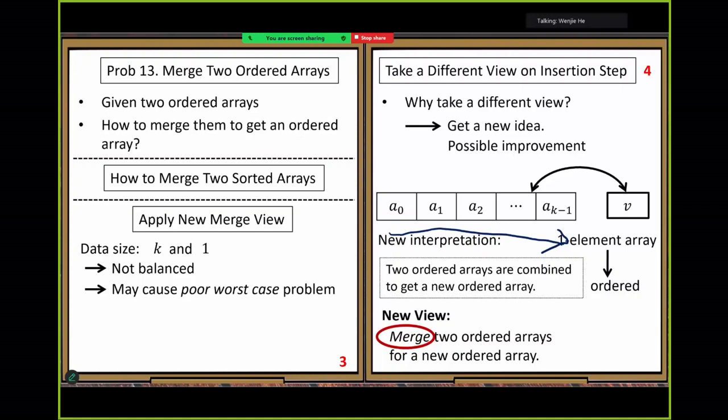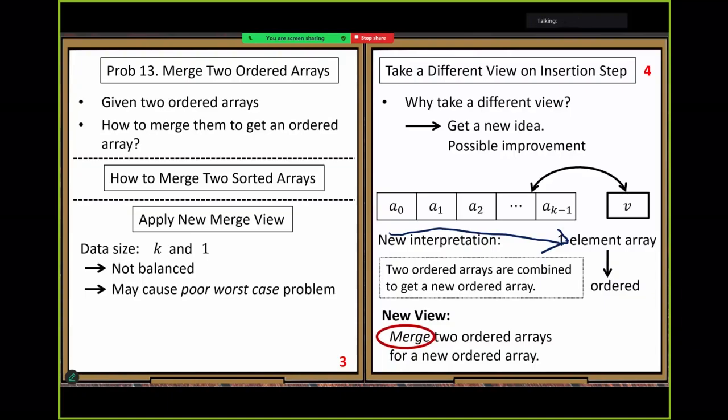So here we need to consider another important question in our merge sort. Why do you want to develop another sort algorithm? You need to improve the old algorithms.